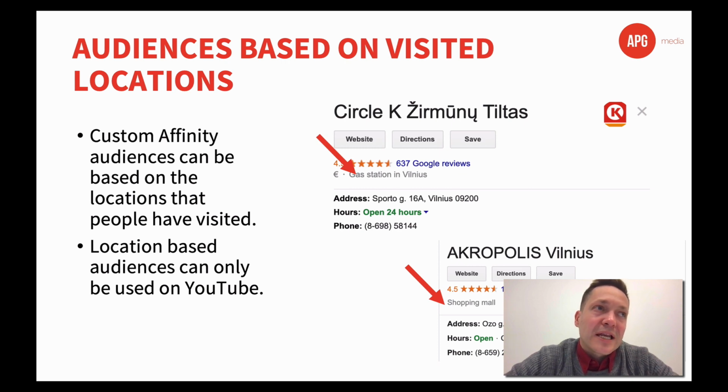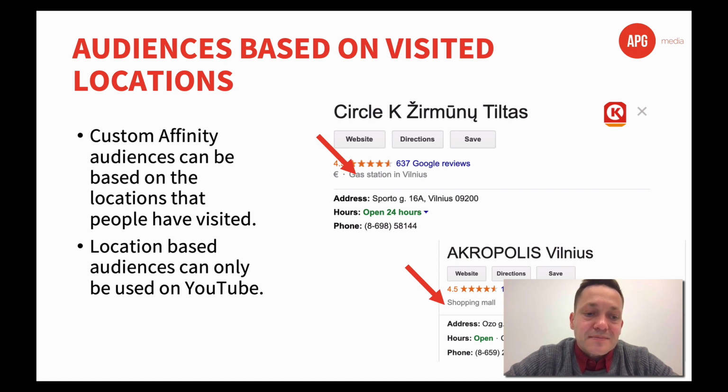So if you can find a category that a business has identified itself with, like here, gas station or shopping mall, you can say, if you want to promote your services to people that have visited gas stations, you can do that. And this is through the custom affinity audiences.